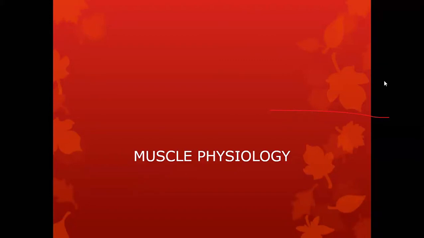So that is how the action potential is being propagated. It will create a current going to the muscle, and then it will reach up to the neuromuscular junction, okay?